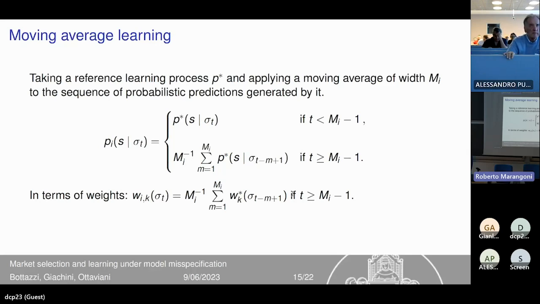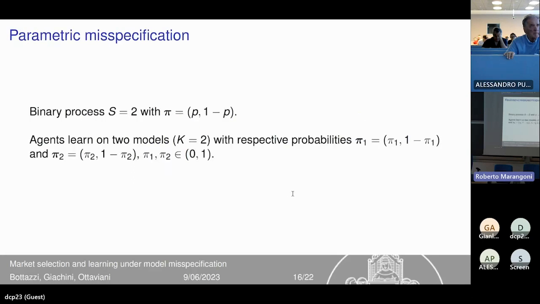Let's see, in a very simple example, the simplest we were able to put together. The process is binary, which means there are two states of nature for each date, and the process is described by the probability of getting 0 and the probability of getting 1, of course. Now agents are learning on two models.